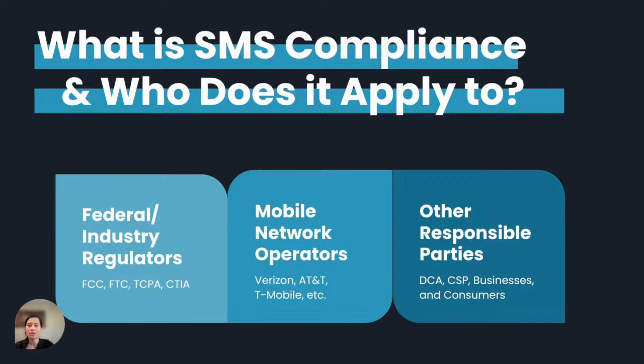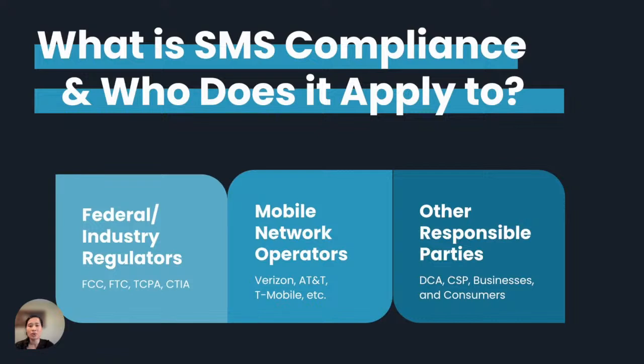Next, the Telephone Consumer Protection Act, which is a federal law that regulates how brands and businesses can contact consumers via phone calls or text messaging. The Cellular Telecommunications Industry Association is a group of wireless carriers that have come together within the US to create guidelines for SMS communications that are typically updated.